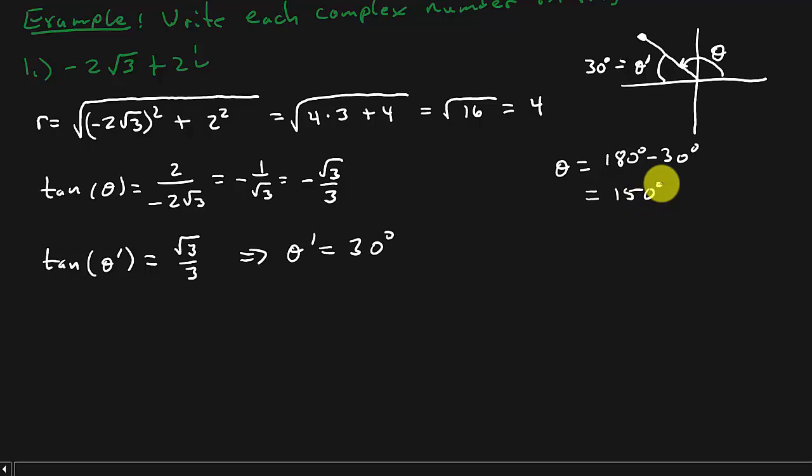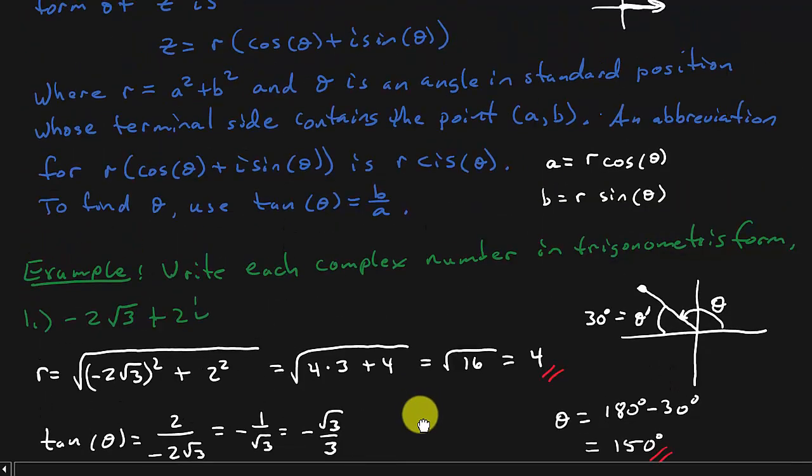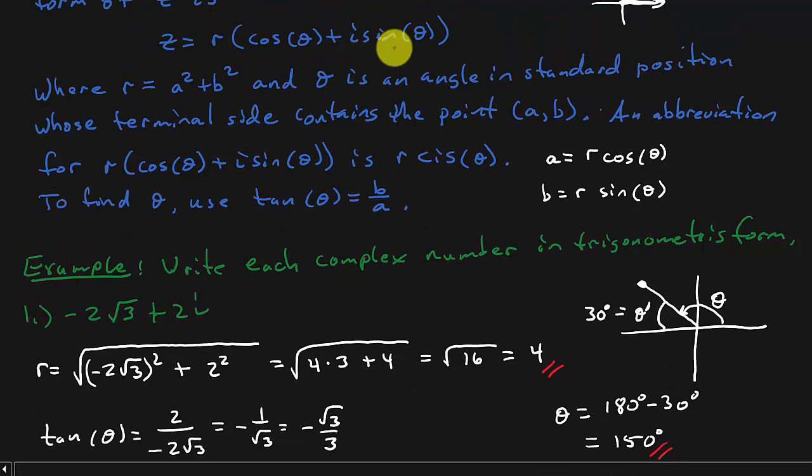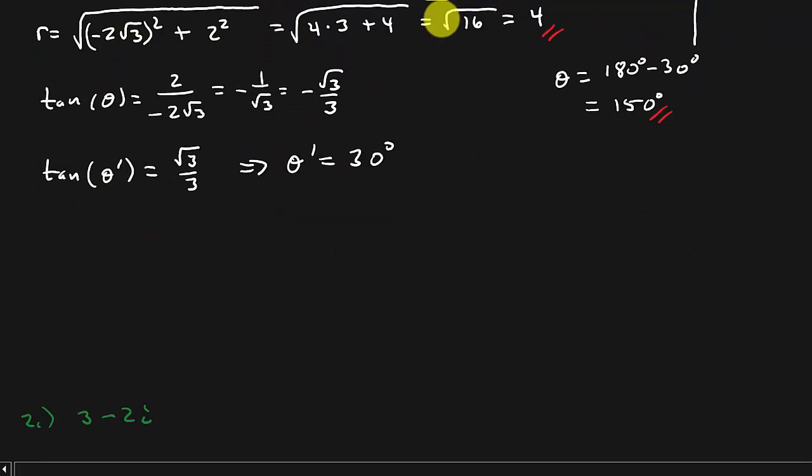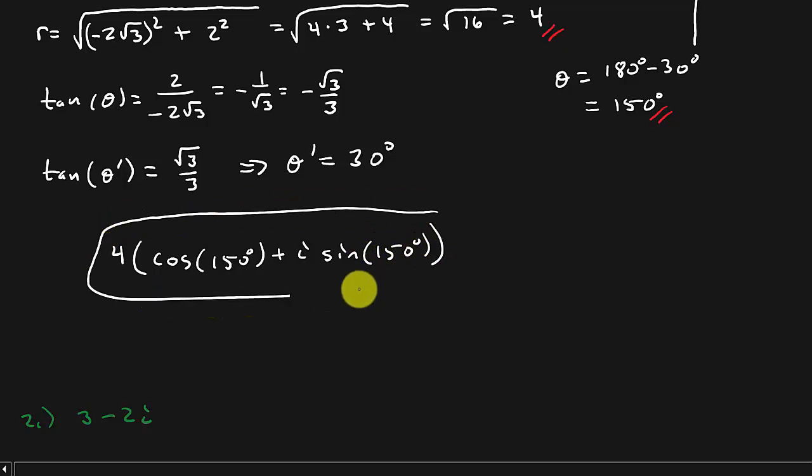So now I have r and I have theta. And so all I do now is plug it into this. So I get this is equal to r times cosine theta plus i times sine theta. And there it's written in trigonometric form.